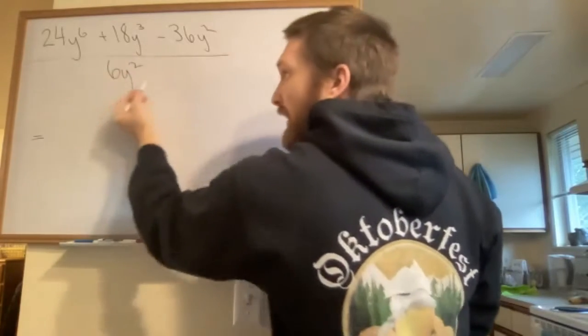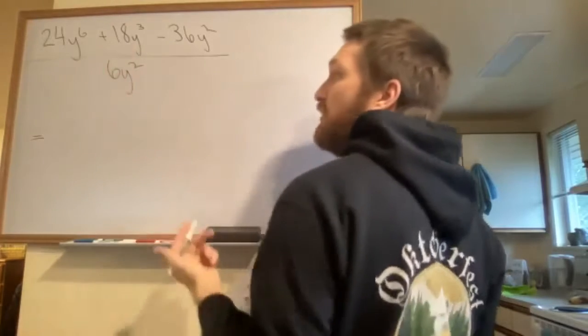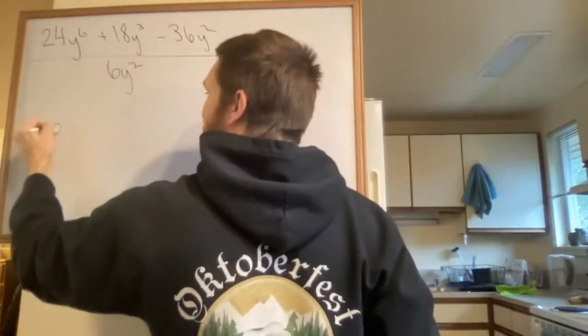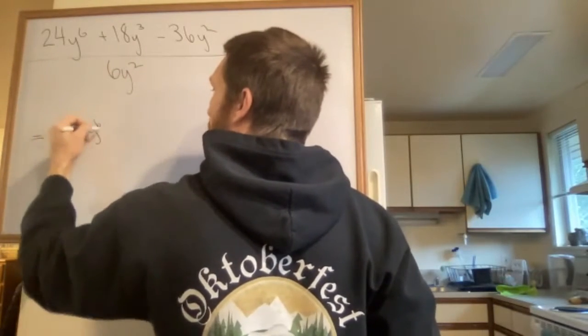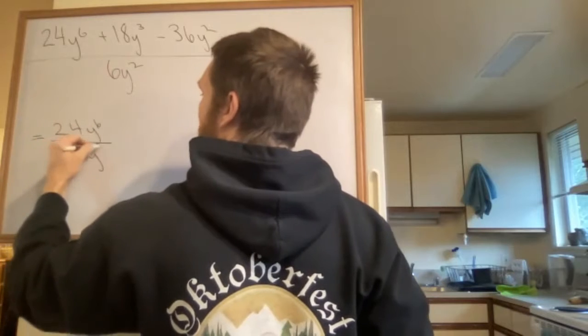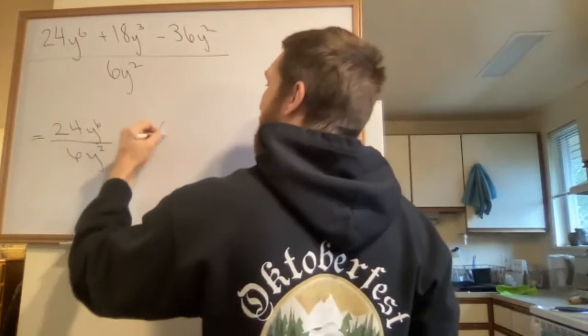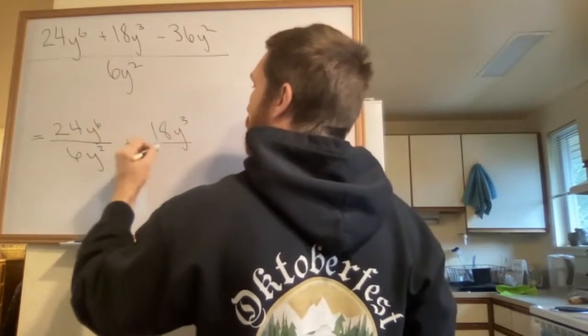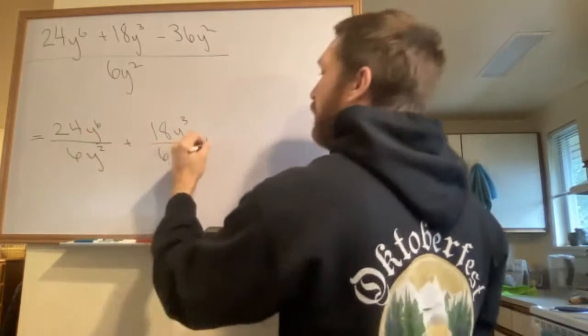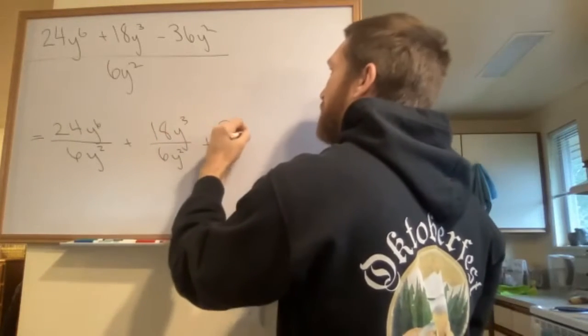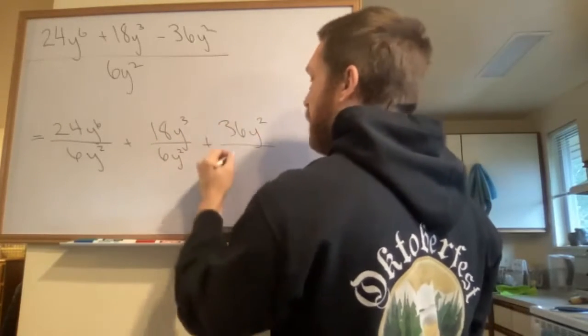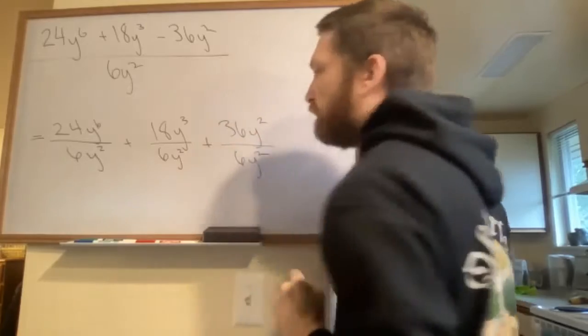But when you only have one term, this is pretty simple stuff. We could just say, well, this is the same thing as 24y to the sixth over 6y squared plus 18y to the third over 6y squared plus 36y squared over 6y squared.